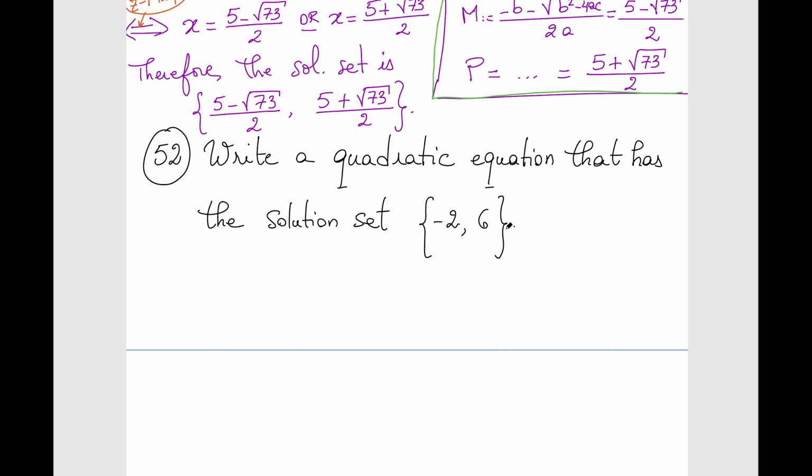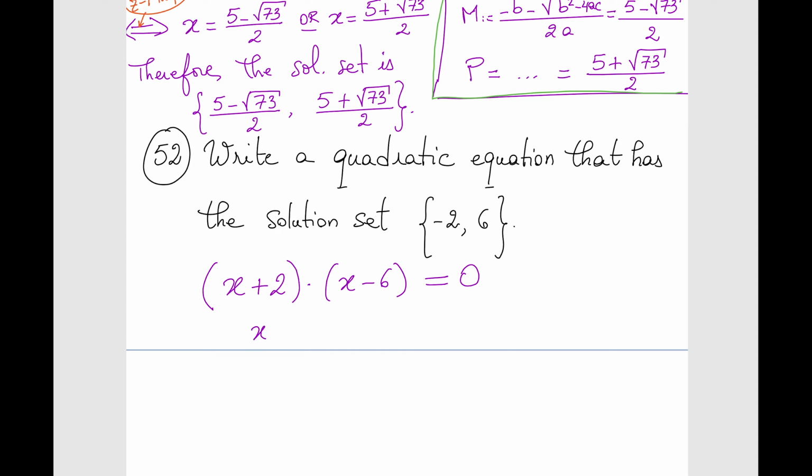Well, if I give you an equation that looks like this, x plus 2 times x minus 6 equals 0, what's the solution set of this equation? By the zero factor property, one of the factors should be 0.